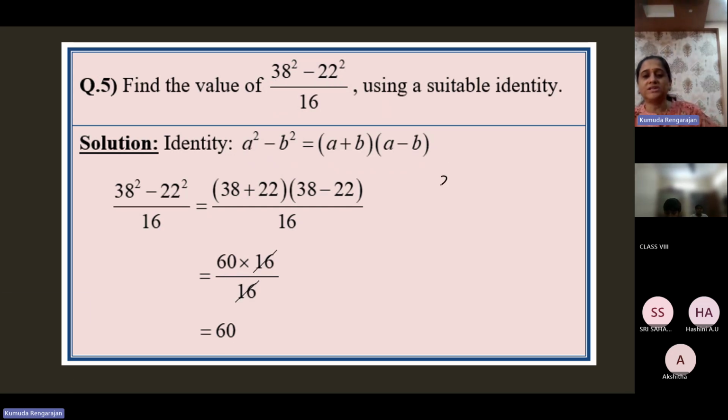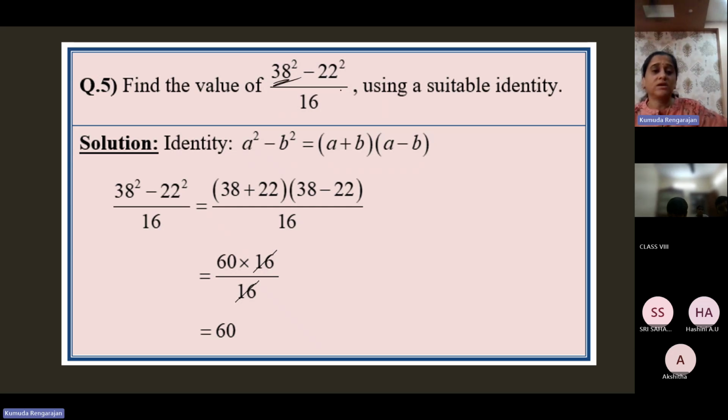You should not do 38 into 38 and write that answer, then 22 into 22, write that answer, then subtract, you will get an answer. Then you should not say, even I got the same answer, but I didn't use the identity. I multiplied, but I got the same answer. You will get the same answer, but you have to go through an identity. You should work this using an identity.